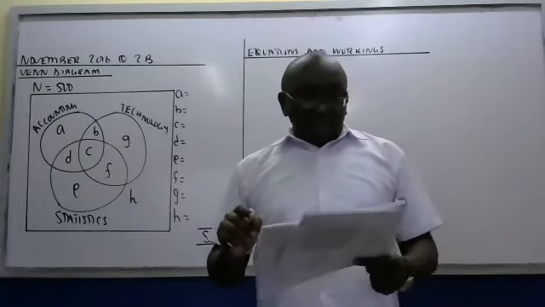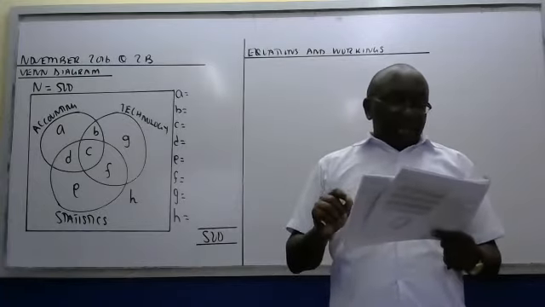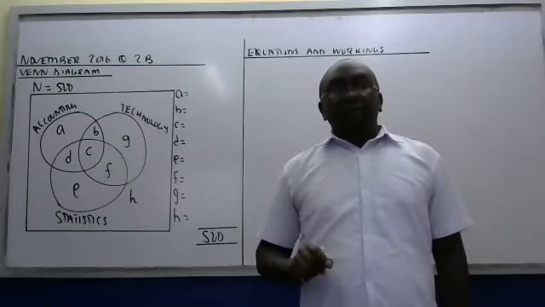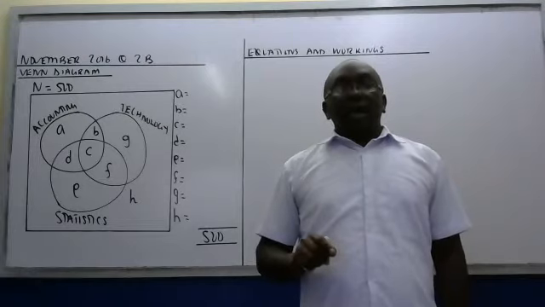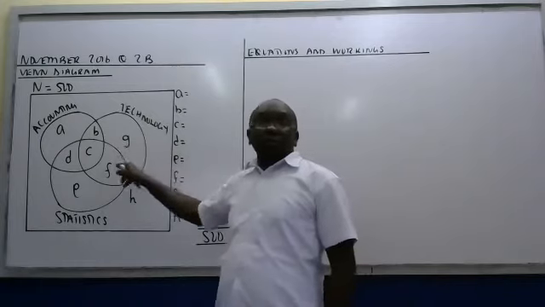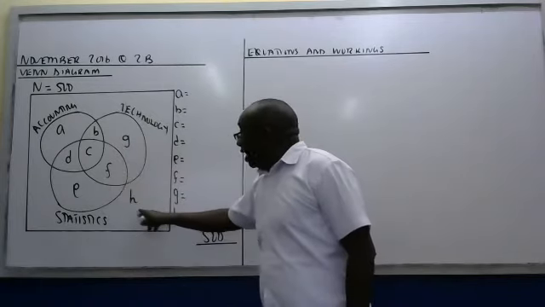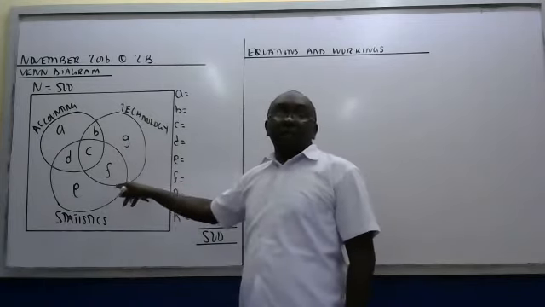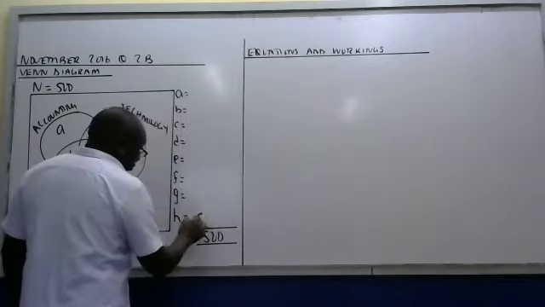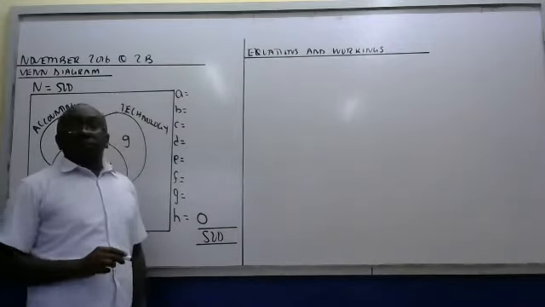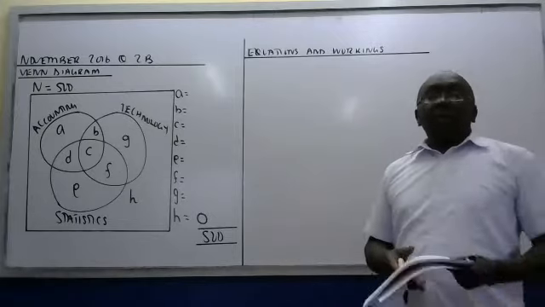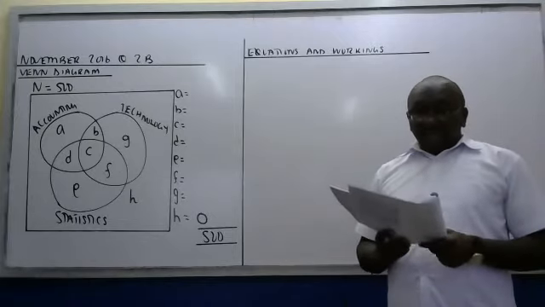We are told the marketing department conducted a survey on 500 students. You are already a student if you are pursuing a course. H are those who are not pursuing anything. Therefore, H must be 0. I hope you have gotten that. We proceed.